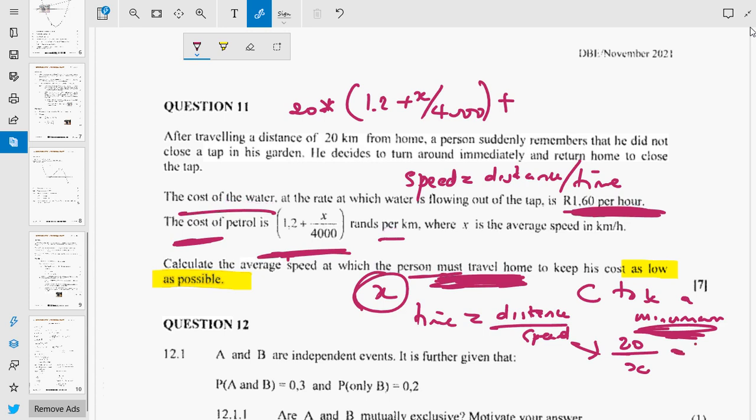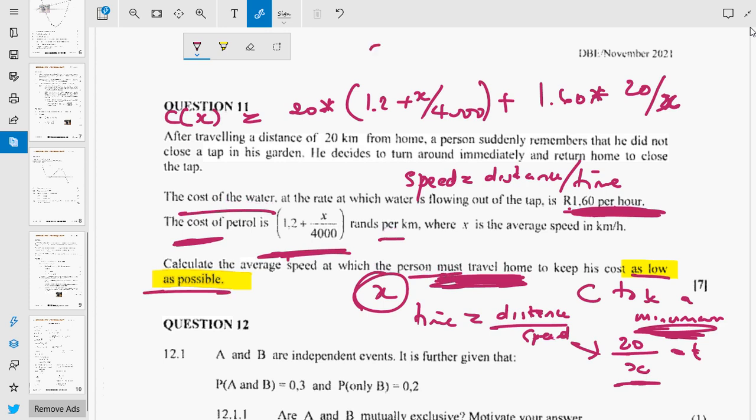So this is the time. But the cost of the water, you are given a rate of 1.6 per hour, so 1.6 times the time, which is 20 over x. So this is your cost expression.